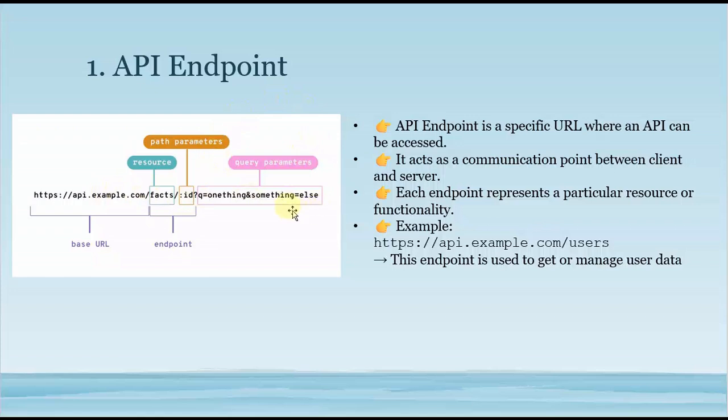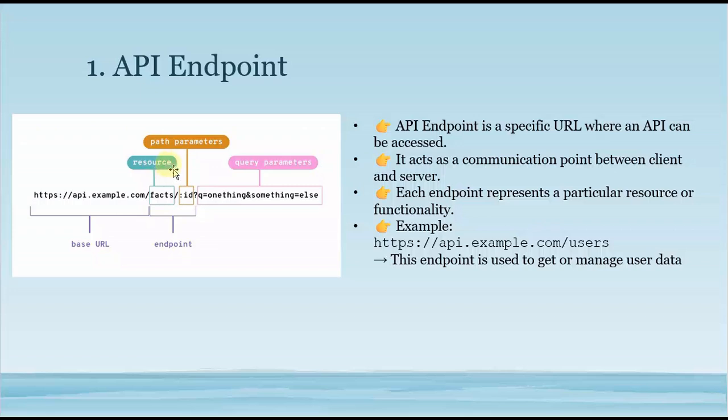An API request URL is made of several important parts. First we have the base URL, which identifies the main API server. Next comes the resource, such as facts, which represents the data or object we want to access.